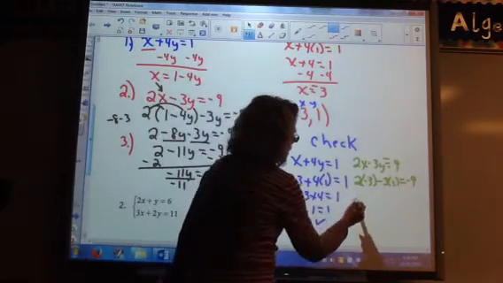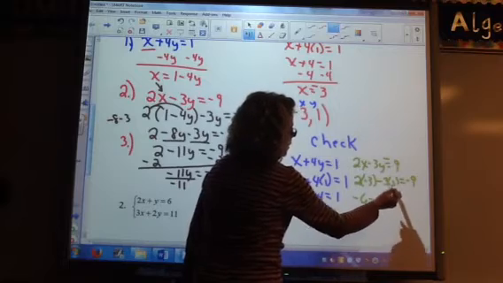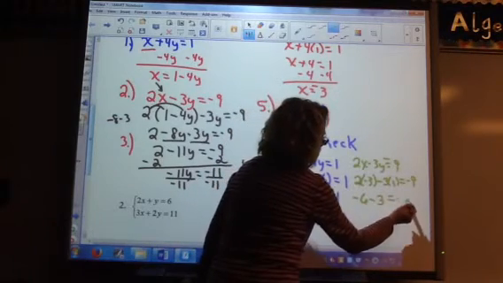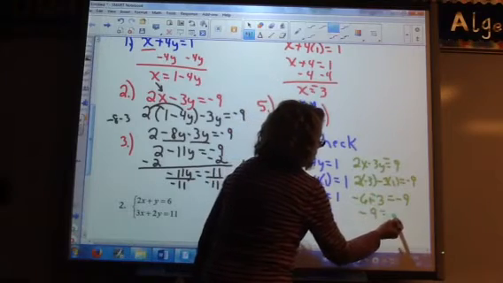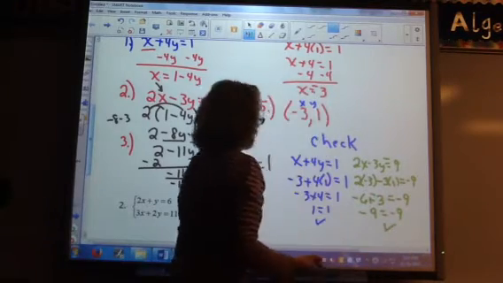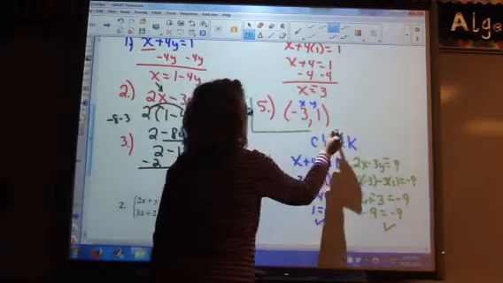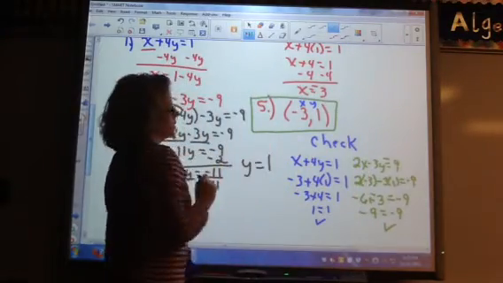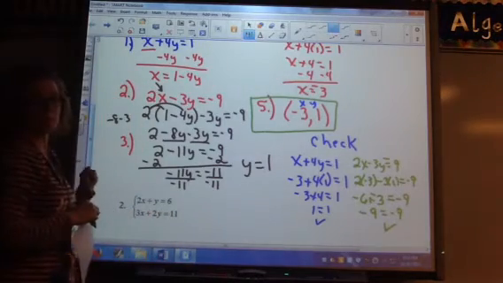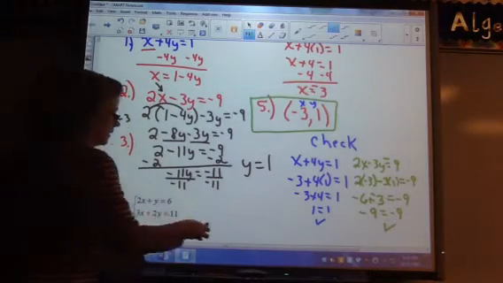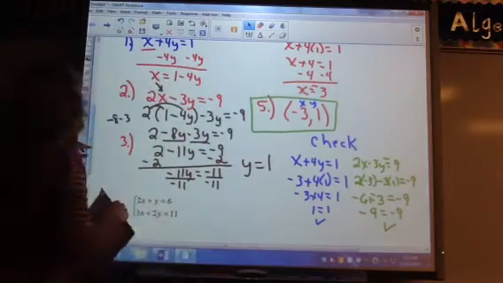So 2 times a negative 3, 3 times 1. Negative 6 minus 3 is a negative 9. Check. So then I know that this ordered pair is a solution to the system by using substitution. All right, probably freaking you out right now, so let's go back to the steps.